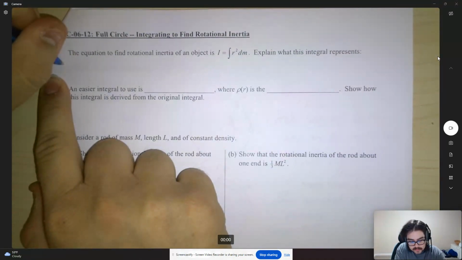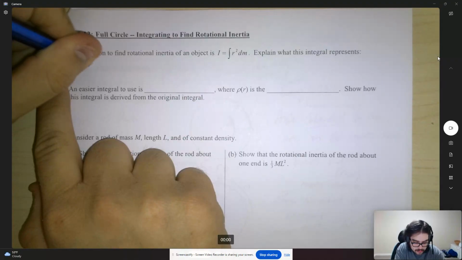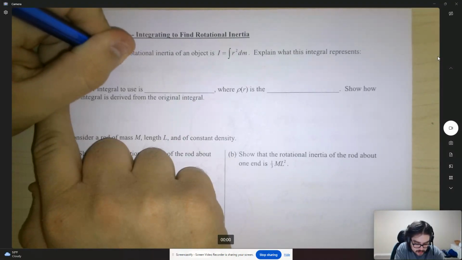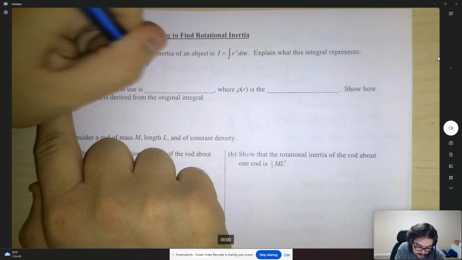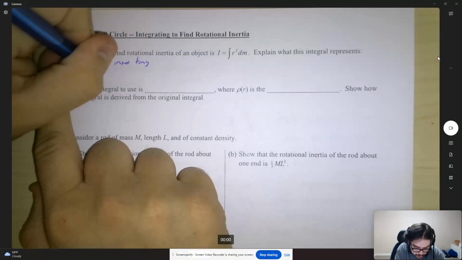And what it represents, just like all integrals, is that you split the object into tiny pieces of mass dm.